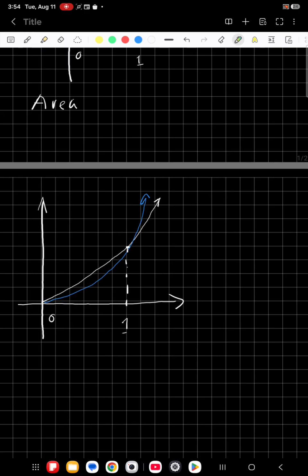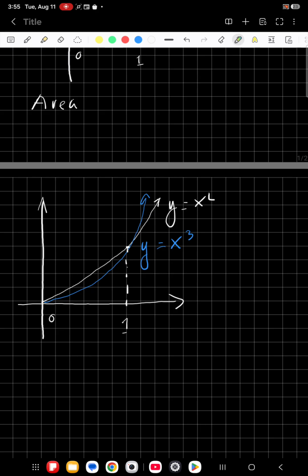We know how to calculate the area below a curve and above the x-axis, which is a definite integral from 0 to 1 of that particular function. Let me label them: y equals x squared, and the blue one is y equals x cubed.